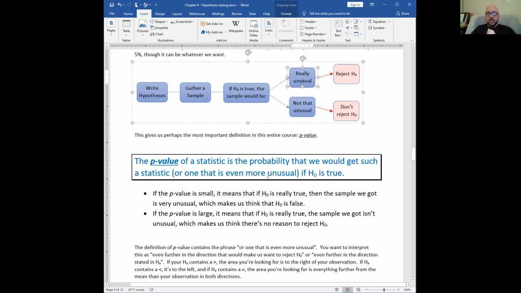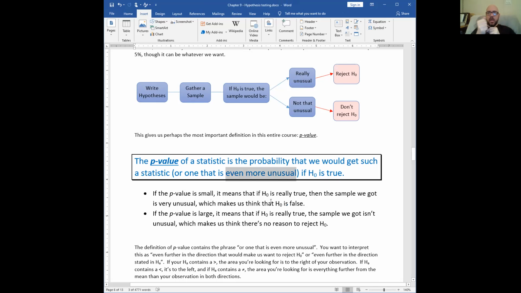By even more unusual, what I mean is would cause you to reject the null hypothesis even more strongly, if the null hypothesis is true. That is a mouthful. And if you didn't get that the first time around, you are not alone, you are in the vast majority of people. I don't think I've ever met anybody who understood p-values right away. So let me try to explain.